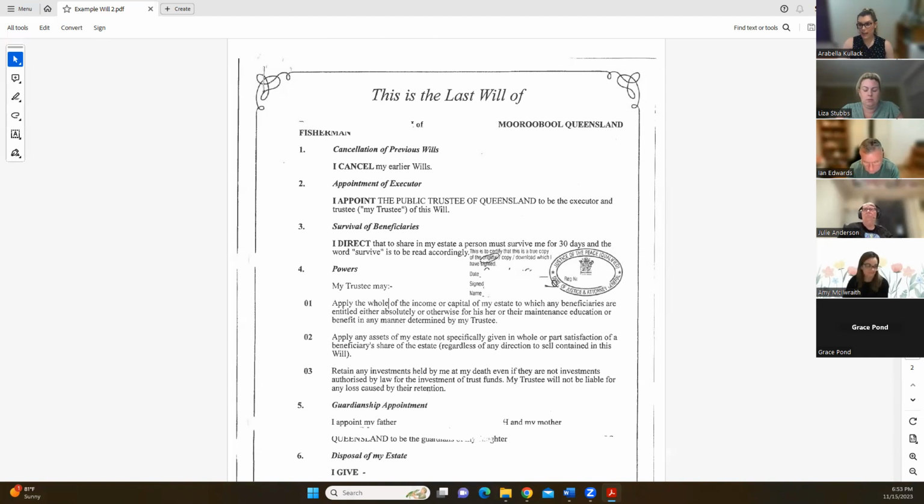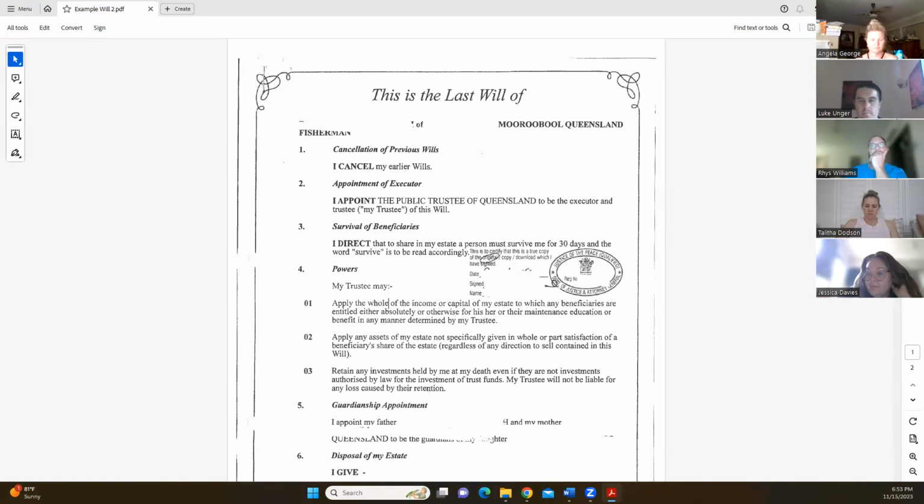No, that's okay. It's a very good question, but normally a will won't actually specify the person's assets unless they are making specific gifts. So what this will instead does is it says, I give everything that's in my estate to my parents.